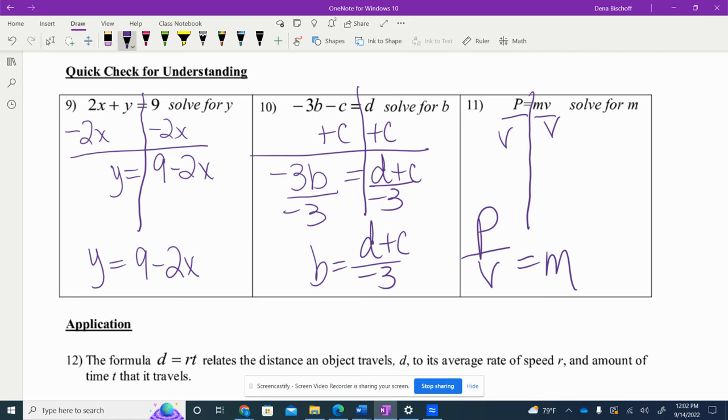I said that number 9 is y equals 9 minus 2x. Number 10, I said b equals d plus c over something. I'm going to go look on the scanner.